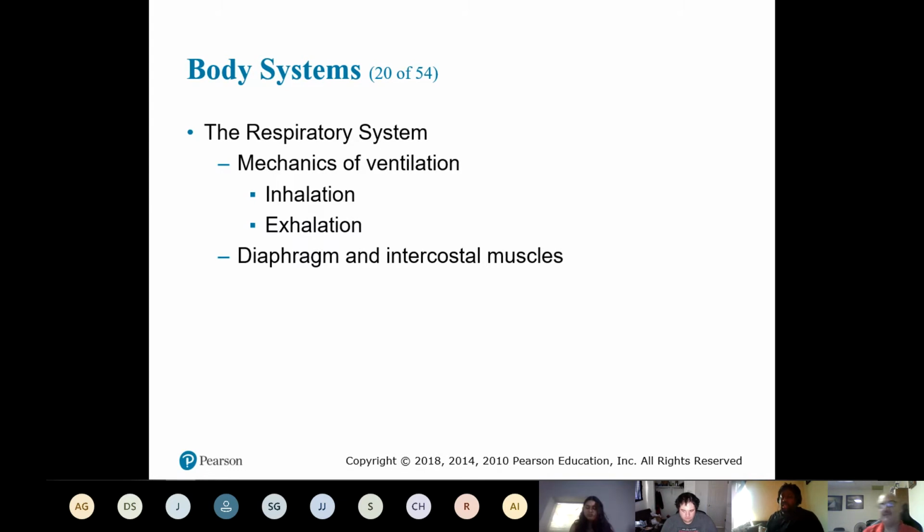All right, sorry guys. So as far as, like I said, inhalation, what was that dome-shaped muscle? Remember the diaphragm? So the diaphragm is going to contract.